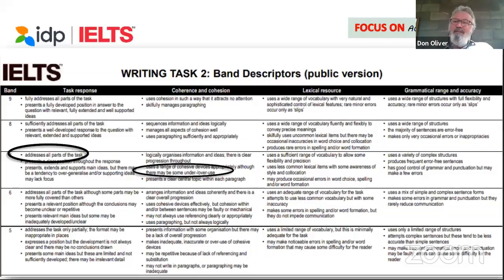To go to coherence and cohesion, you'll see that you are asked to use a range of cohesive devices. Words like so, but, of course, because, but more complicated ones too. On the other hand, as a matter of fact, as a consequence.